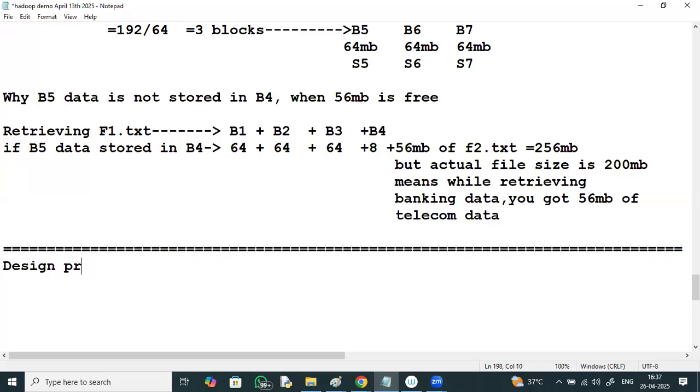Design principles with respect to HDFS blocks.